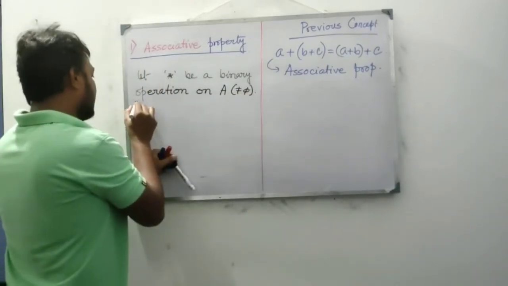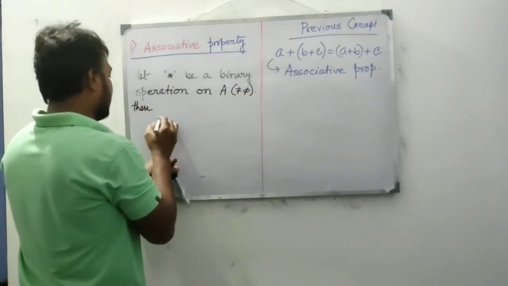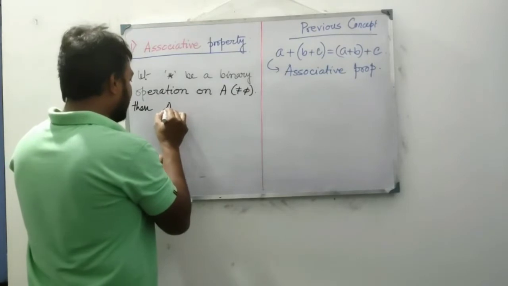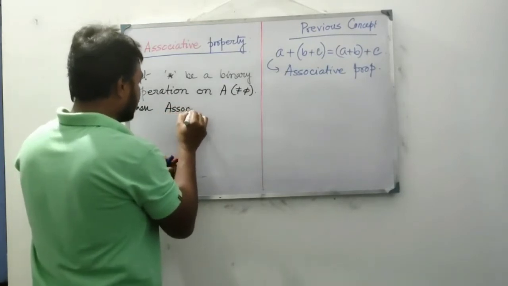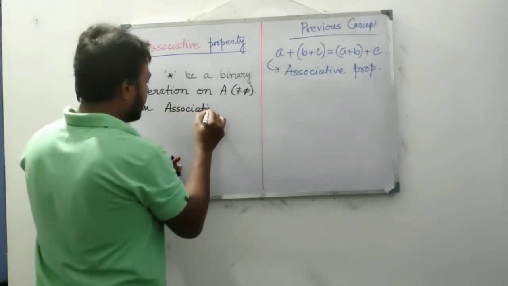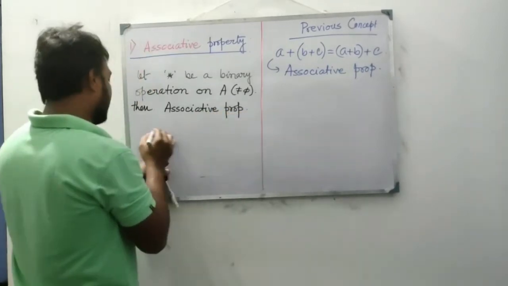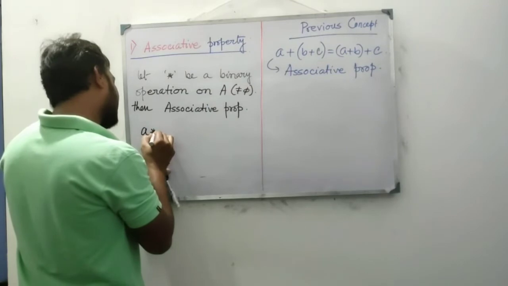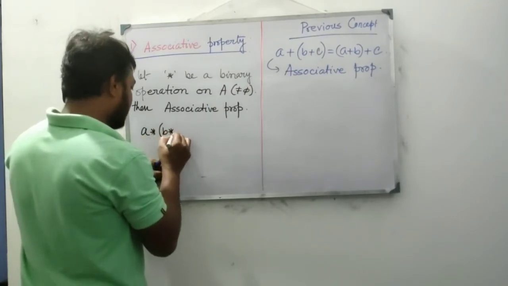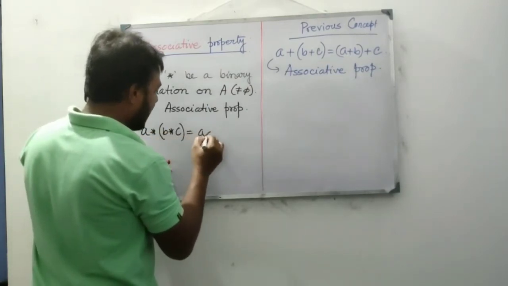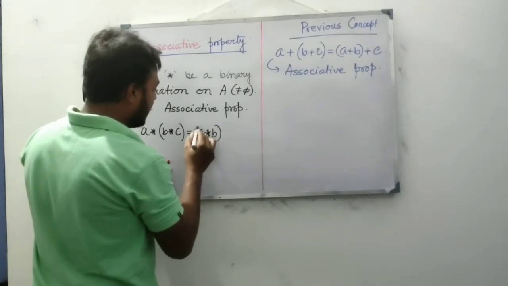Then the associative property is (A star B) star C equals A star (B star C).